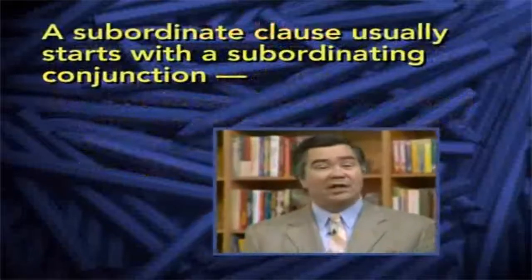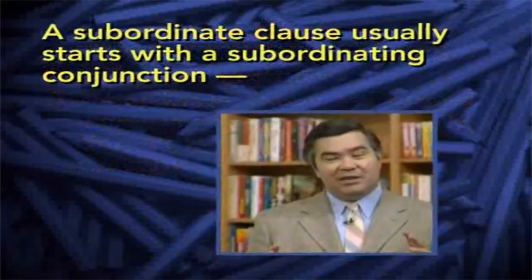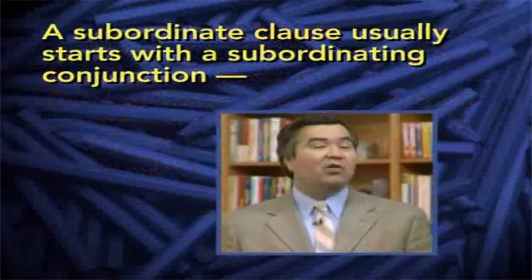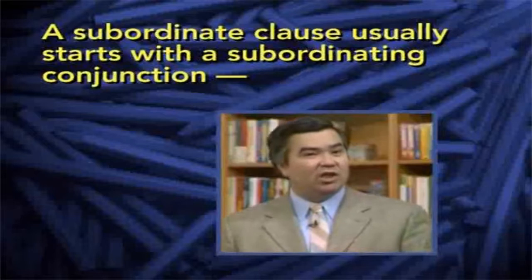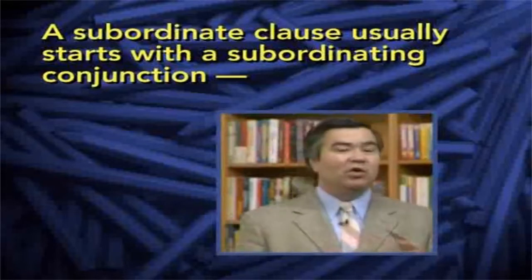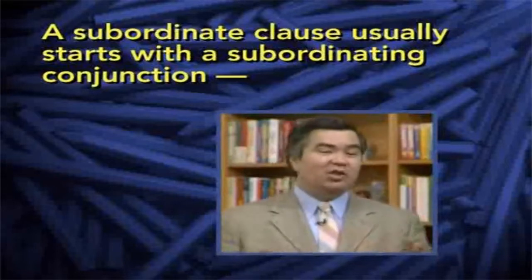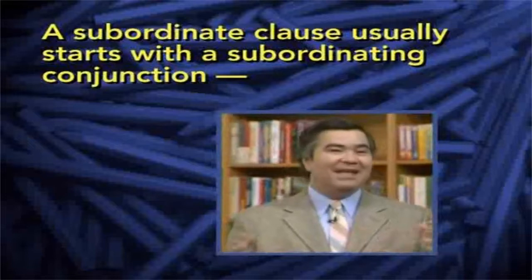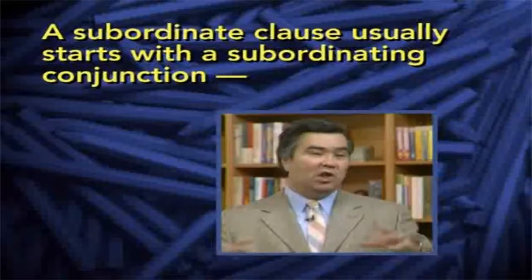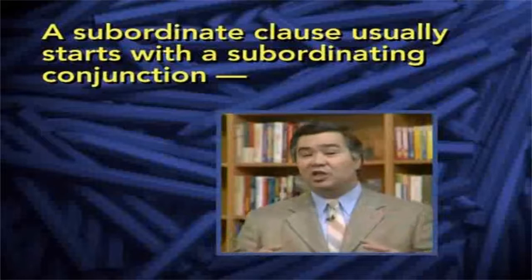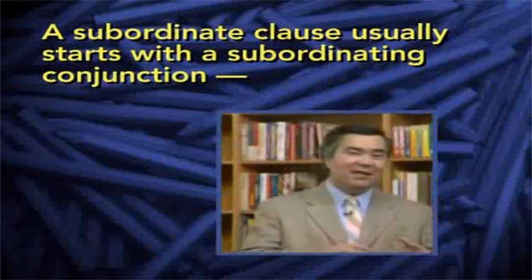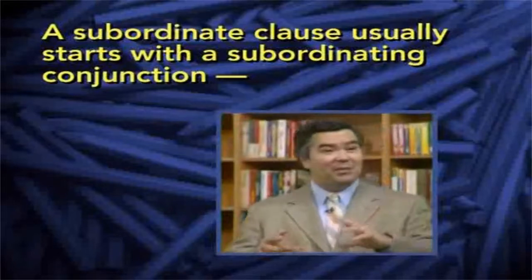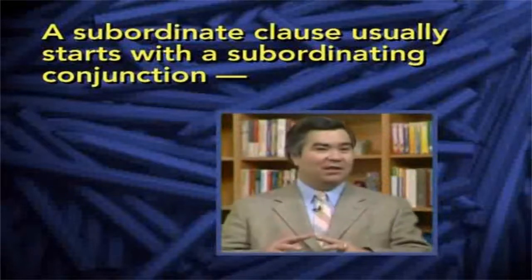Usually, subordinate clauses begin with particular types of words which are known as subordinating conjunctions. A conjunction is a word that connects two groups of words, and the word subordinating means making something less important. So a subordinating conjunction is a word that connects the subordinate clause to the rest of the sentence and makes the subordinate clause less important.